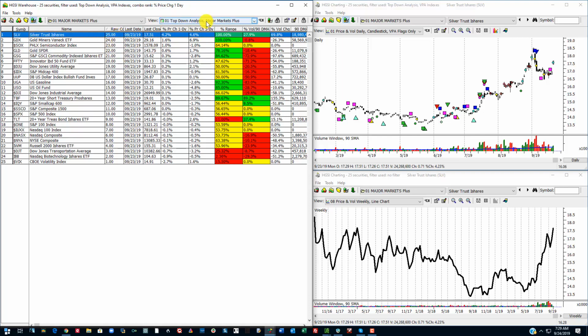And this view is a view that I put together, and my combo rank, which drives the ETFs and the indexes to the top, is a percentage price change 1 day.